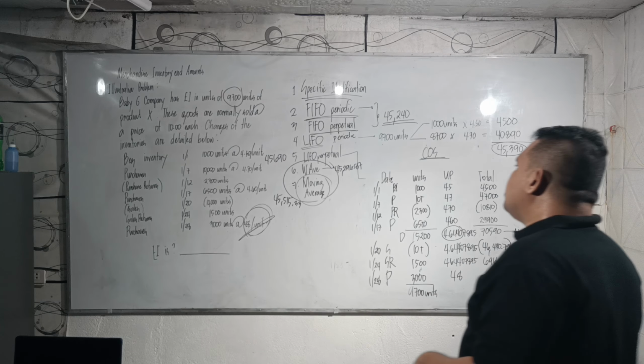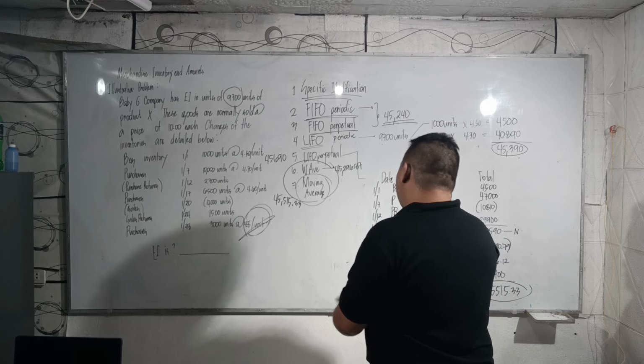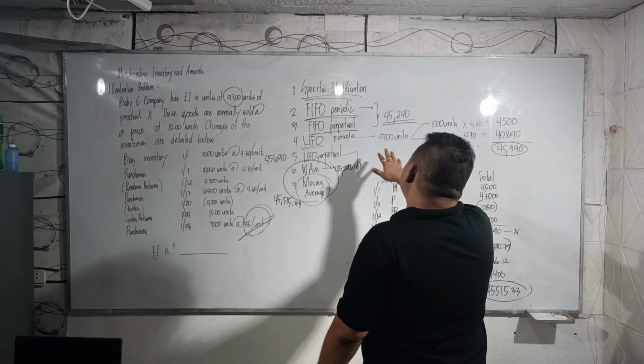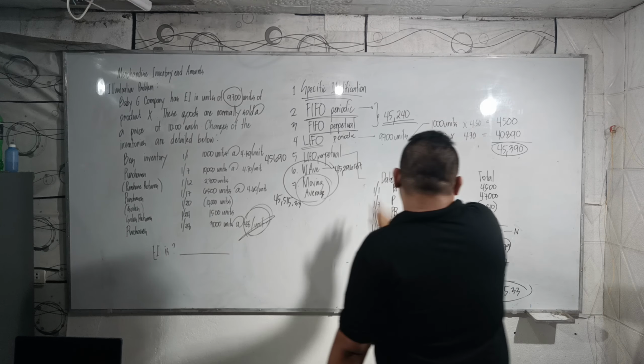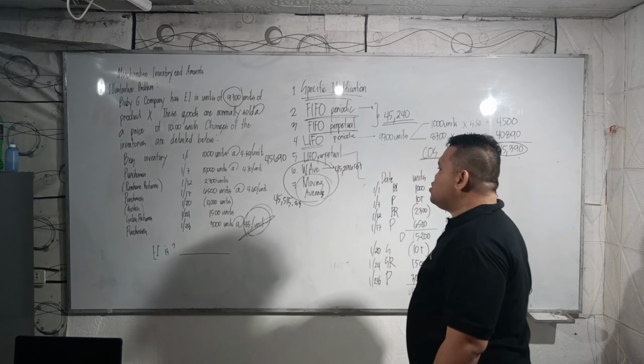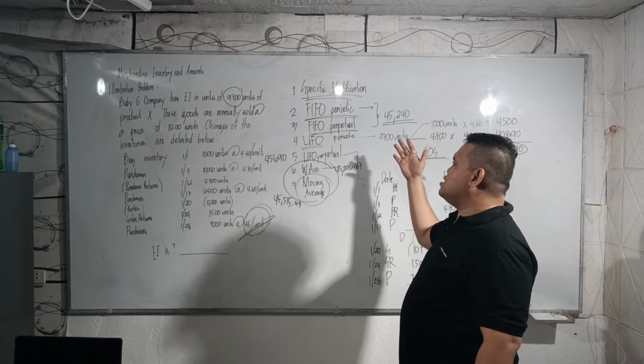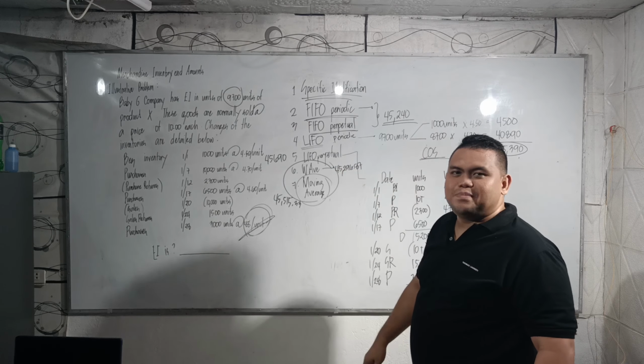And as to LIFO Periodic and LIFO Perpetual, if the question is all about LIFO Perpetual, I will still not solve in detail. Okay? I will just revise the LIFO Periodic to include the last purchase in the analysis, and I'll get the LIFO Perpetual.